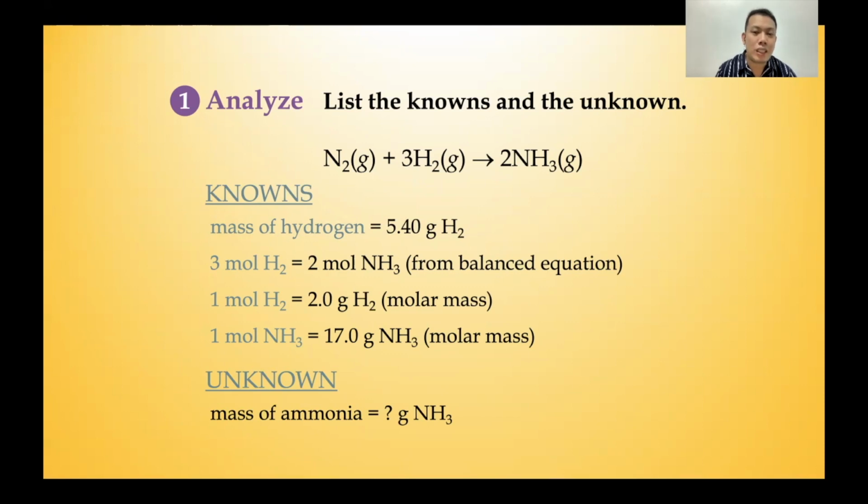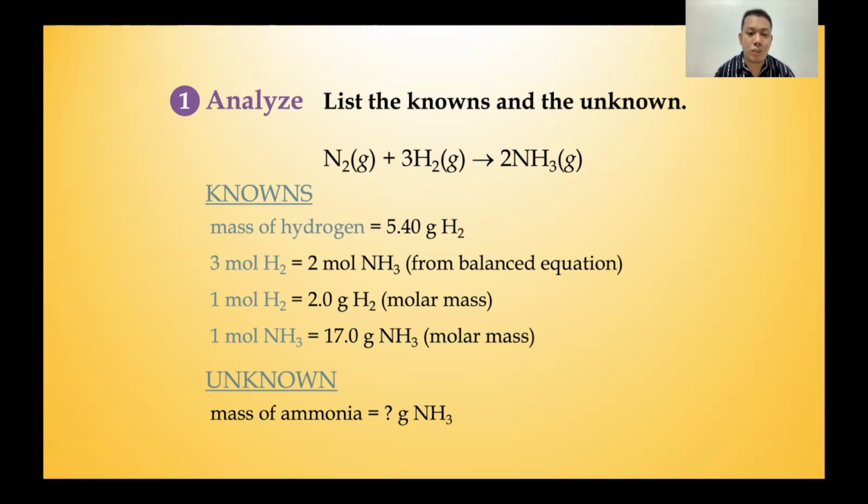So reactant nitrogen 2, product nitrogen 2. Reactant hydrogen 3 times 2 is 6, and 2 times 3 is also 6 for the product. So what are the knowns? The mass of hydrogen is given. You also have the different mole relationships. 3 mole of H2 is equivalent to 2 mole of ammonia from the balanced equation. And 1 mole of H2 is equivalent to 2 grams of H2. Why 2 grams?